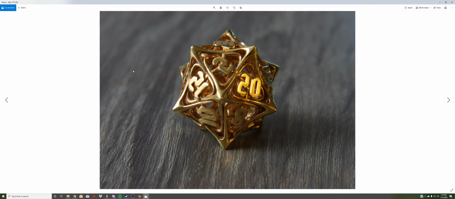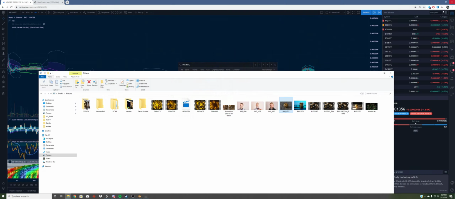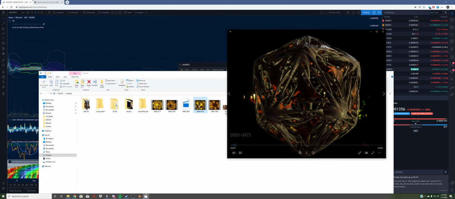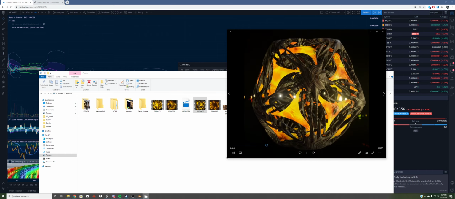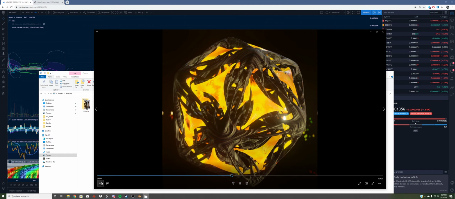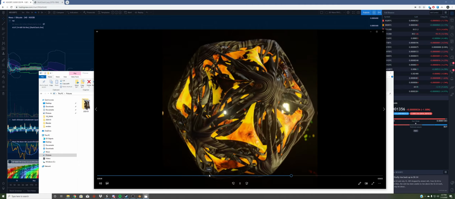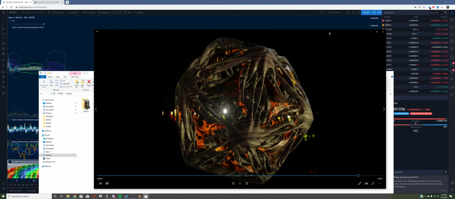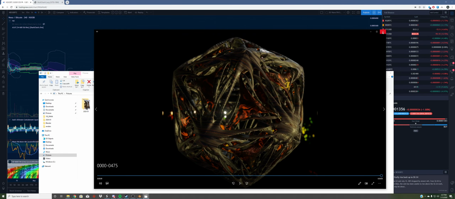So this is the D20, or at least one of the D20s, the golden one anyway. This is a render of, it's kind of fast, but. Yeah, I messed up the frame rate on that. Oh well.